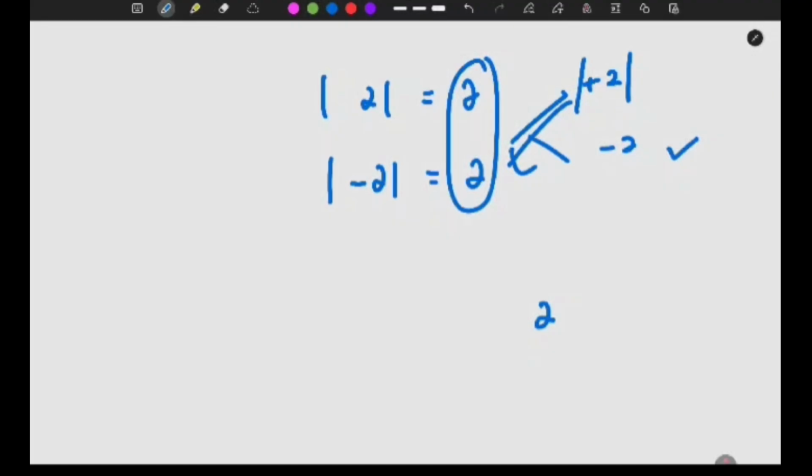So that's why we bring in a concept when there's a modulus. When we shift it this side, it becomes plus minus 2. Now if I say this modulus 2, if I shift it this side, it can be plus minus 2, because the possibilities to be a positive number and a negative number are there.